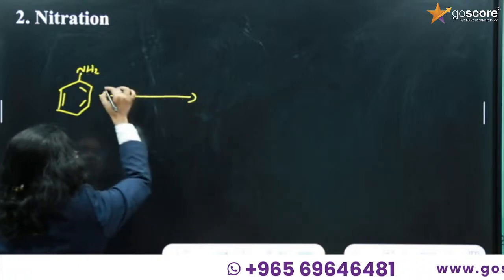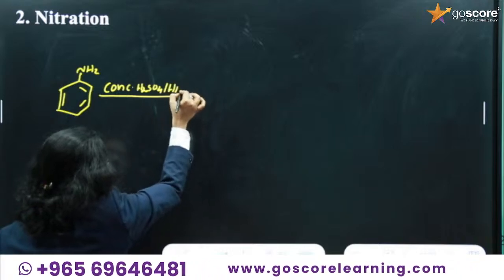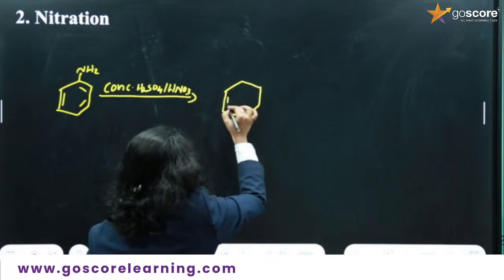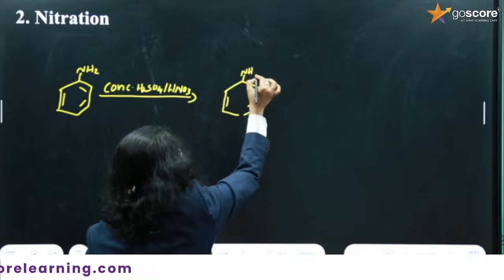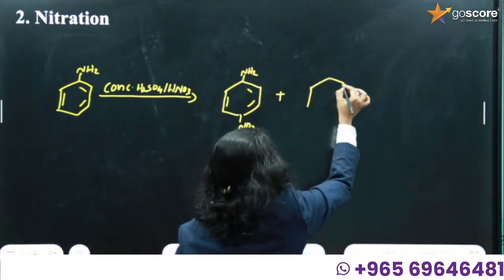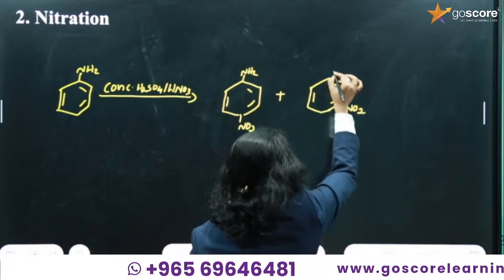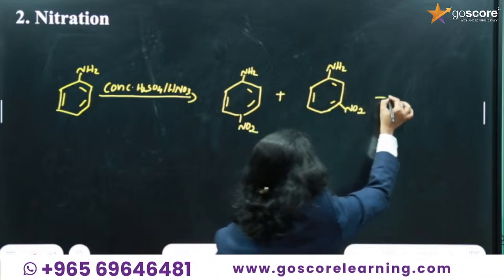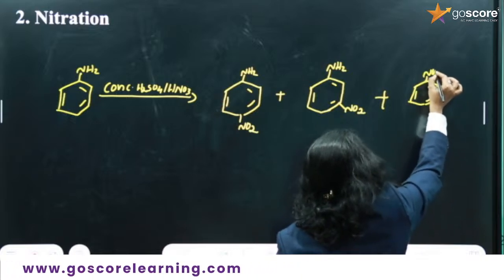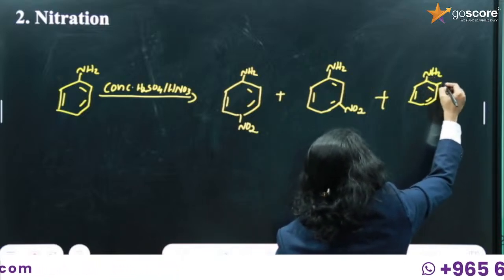That is in presence of concentrated H2SO4 and HNO3, you will get para-nitroaniline, NH2, plus meta-nitroaniline, then ortho-nitroaniline.